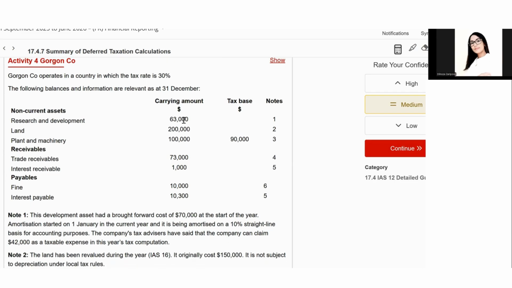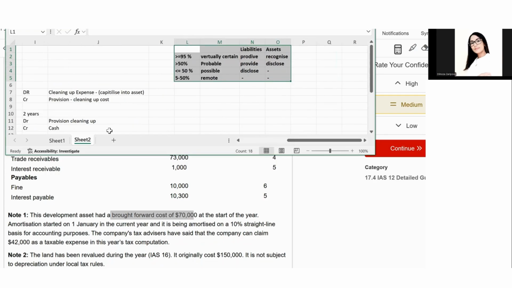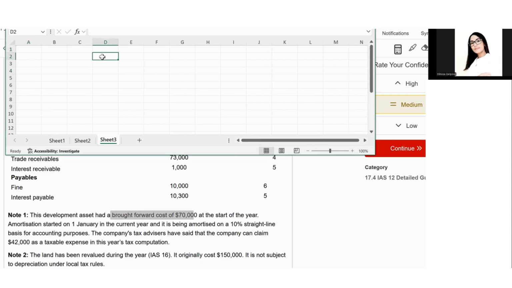If you remember, look, research and development: they had a brought forward cost of 70,000 at the start of the year, both for tax purposes and for accounting purposes. Now the carrying amount is 63,000.